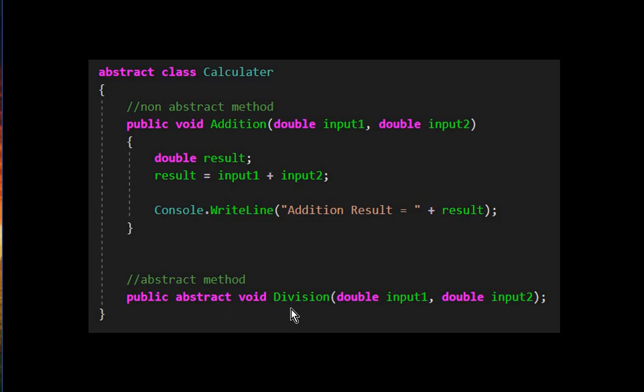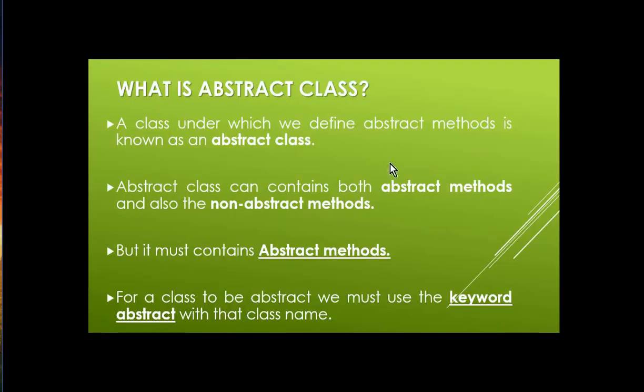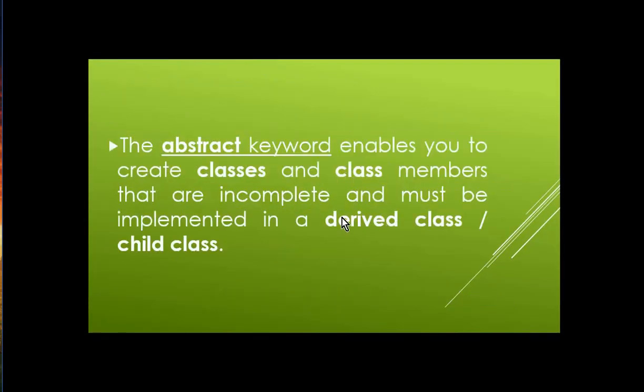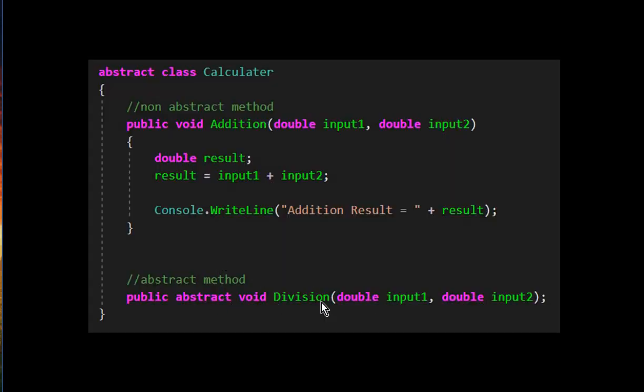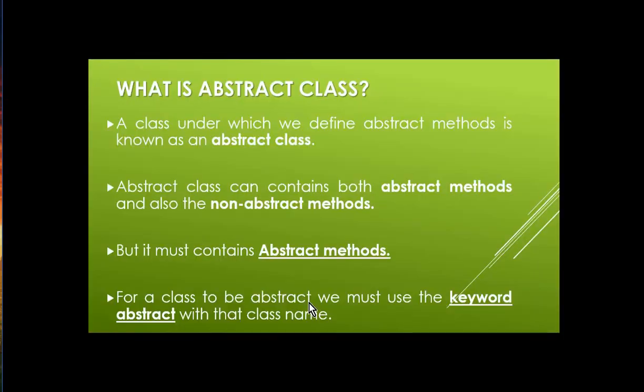We have not implemented this method yet, and if the method is incomplete, then the abstract class is also incomplete. So this must be implemented in a derived class or child class. We cannot perform the implementation of an abstract method inside an abstract class. We must do the implementation of this abstract method inside a child or derived class.